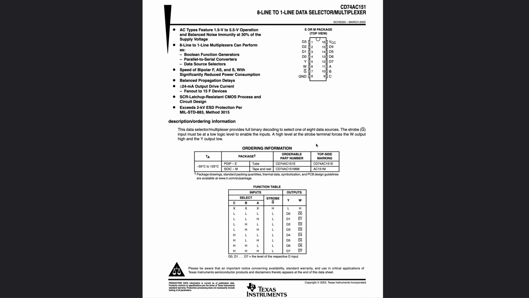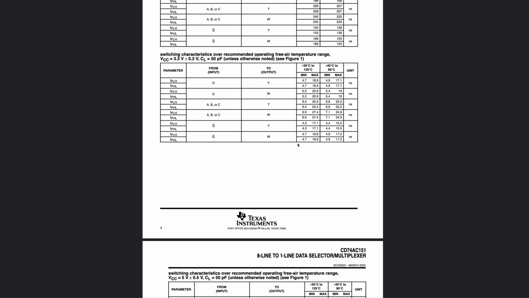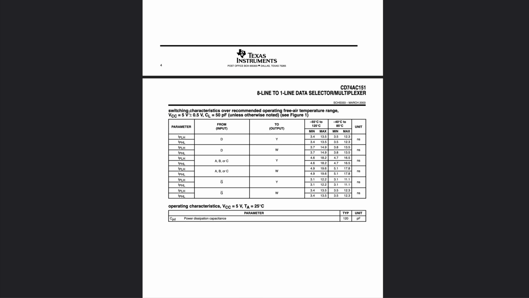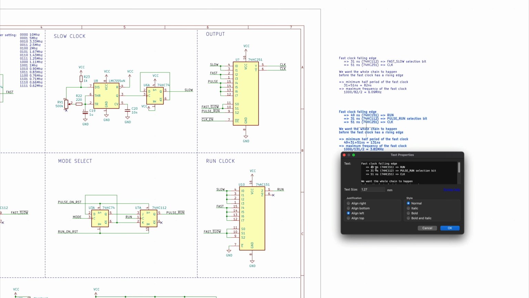So if you look at the datasheets for the 74AC151, we see that in the switching characteristics from the input to the output, it's going to be a maximum of 13.5 nanoseconds. So we can update this one, 13.5. And so this brings the maximum frequency of the fast clock to 5.23 megahertz.